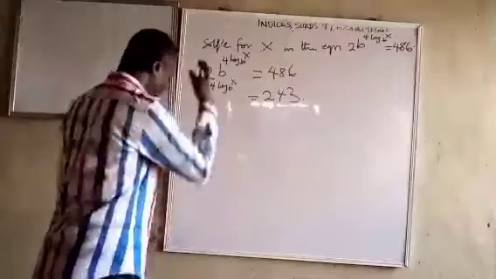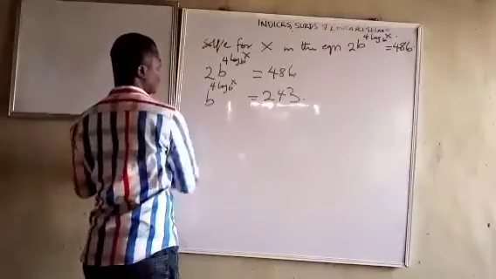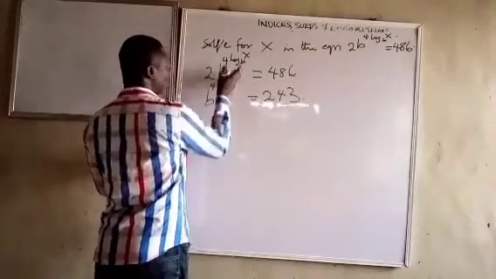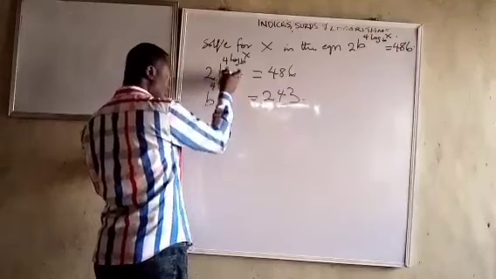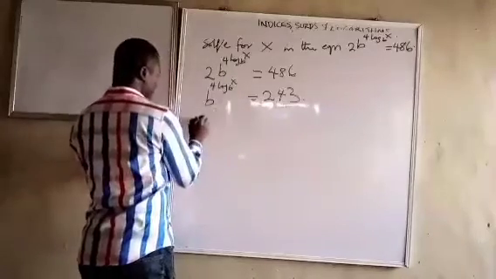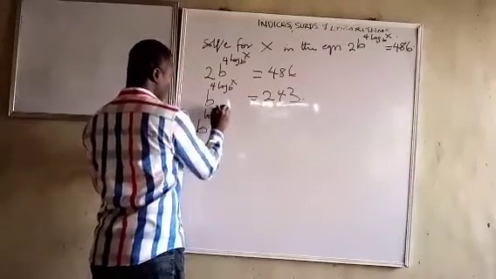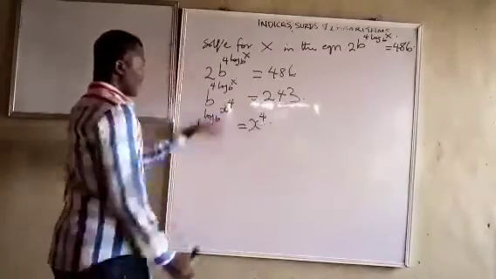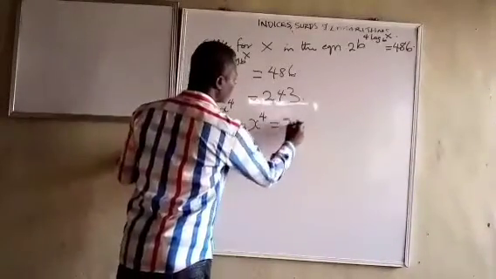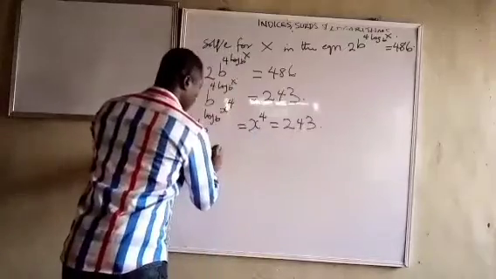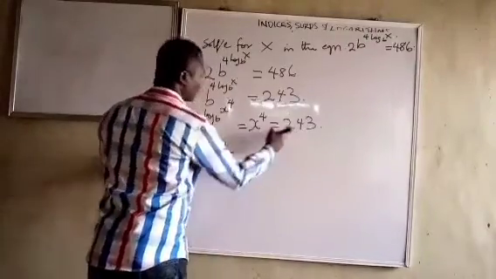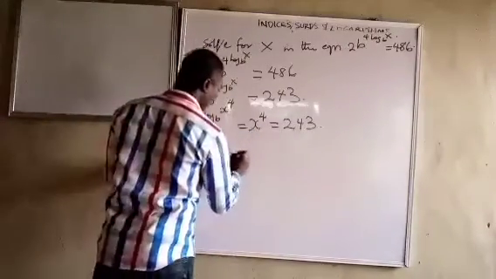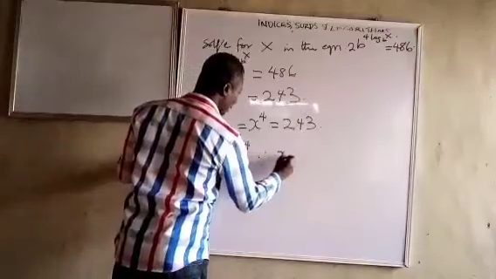And we know from our basic rule that any number raised to the log of that number is going to give us that number. So what I mean is this: b raised to the power log_b x, raised to the power 4, is equal to x raised to the power 4. And what does that imply? It means that x raised to the power 4 is equal to 243. So 243 is equal to 3 raised to the power 4. Therefore, x is equal to 3.